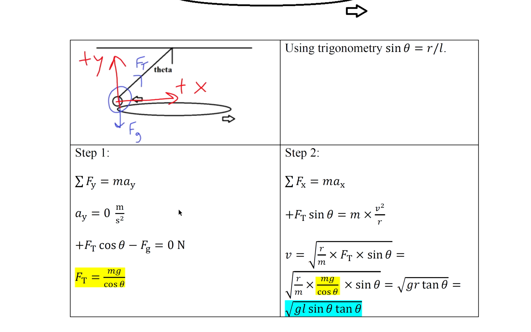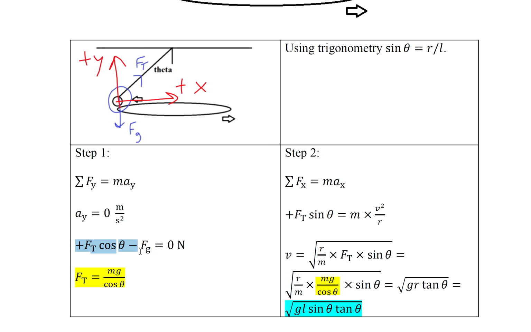Step 1, we're going to determine sigma F sub y equals m a sub y. Remember, circle the object, label the forces, put an x and y axis, and then use the equation F equals ma. So we know a sub y is 0 because the object is not jumping up and down. What forces do we have on the y-axis?